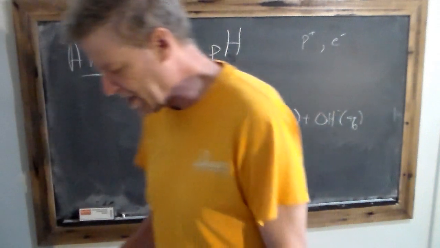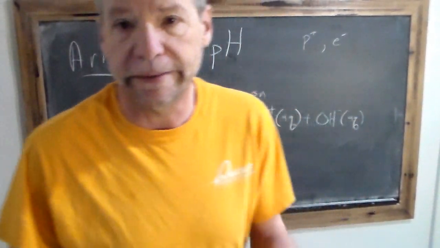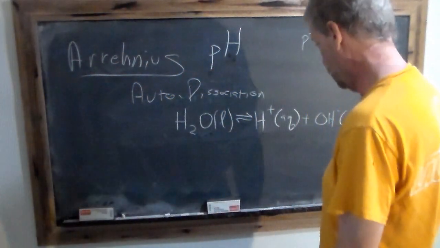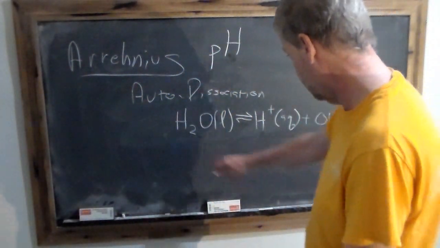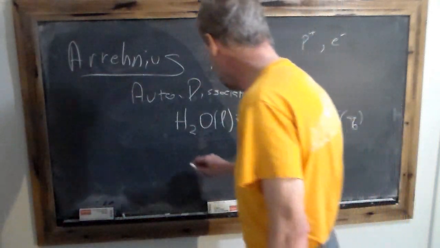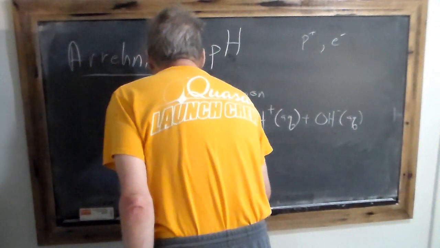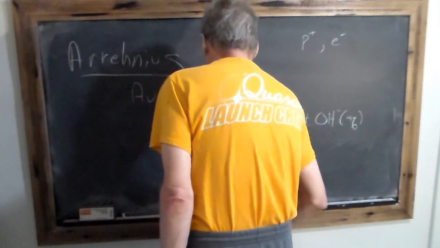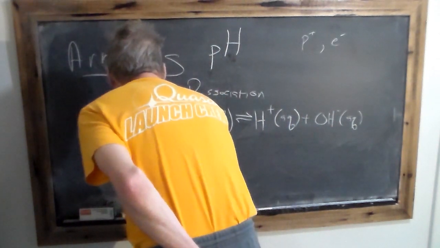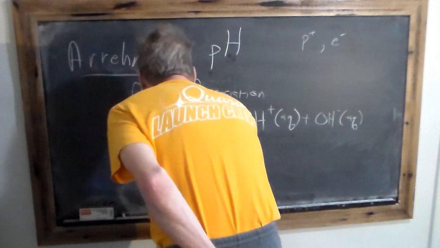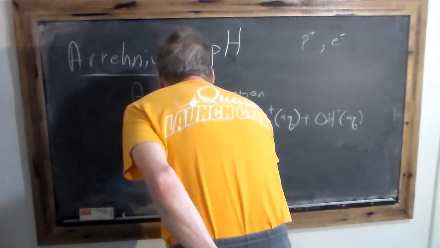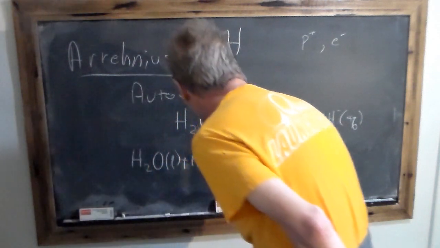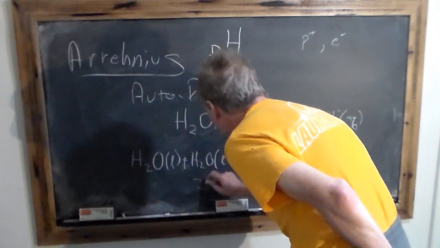So a lot of professors and authors, in order to be correct, will write an extra water molecule here. Now, the extra water molecule, actually I'm going to write it out. So we have H2O plus H2O, or if you prefer, 2H2O.